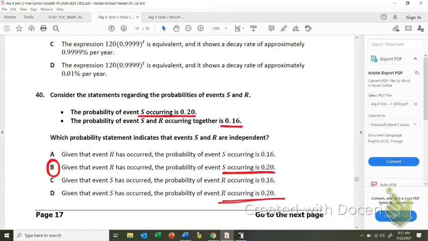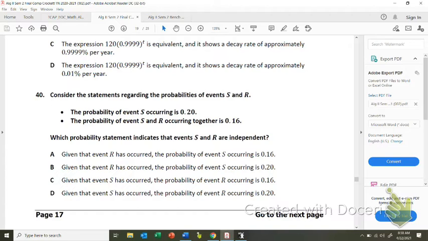Do you even need this second bullet point? We're looking for stuff that's independent, and being together is not being independent, right? So you're just looking for something that is independent.